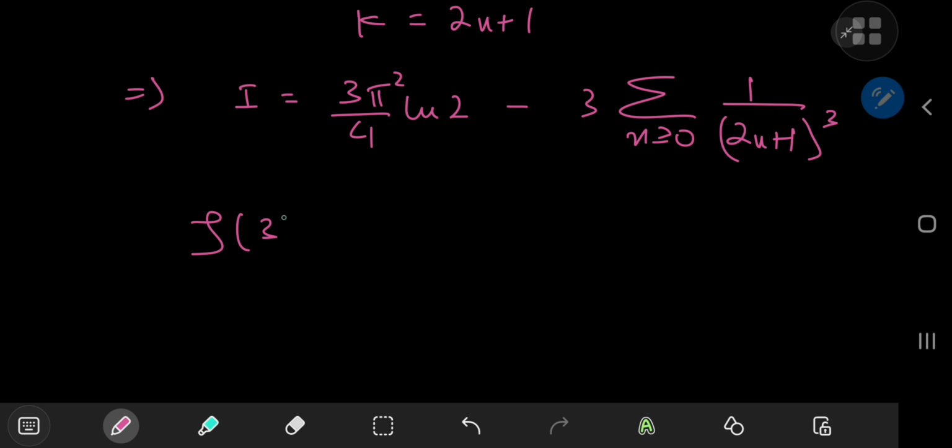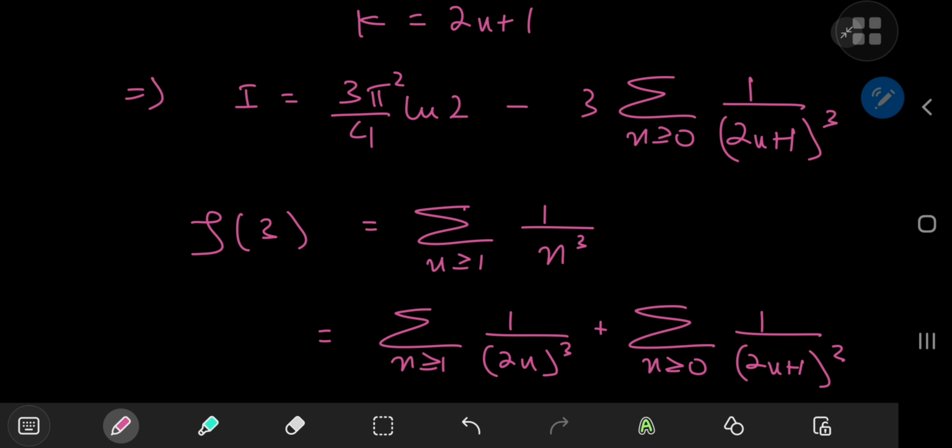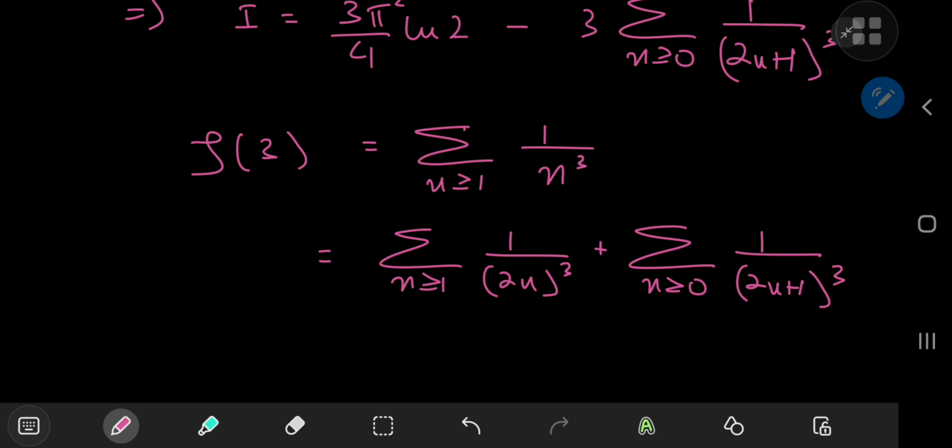So zeta 3 equals the sum over n of 1 by n cubed. So if you decompose this into even and odd integers, then you get the sum over n of 1 by 2n cubed plus the sum over n of 1 by 2n plus 1 cubed, which is the required sum.